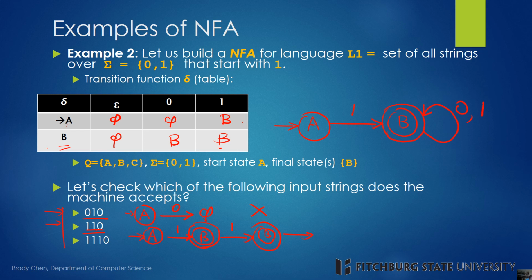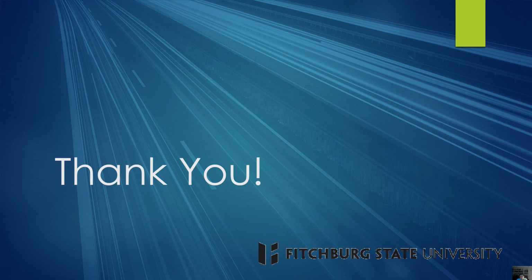If the current state is B and the input is 0, it stays in B. So we accept this string. You can check the next string to see whether this non-deterministic finite automaton can accept it or not. And that's pretty much all for module 8A.